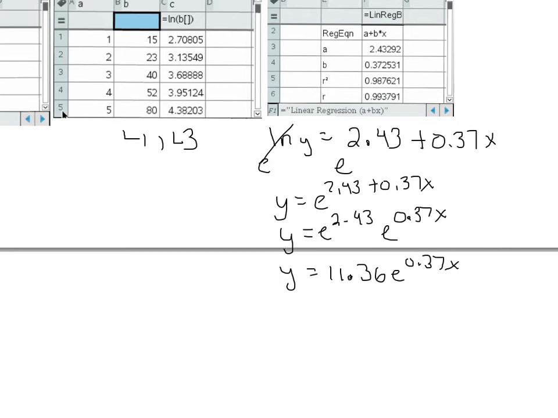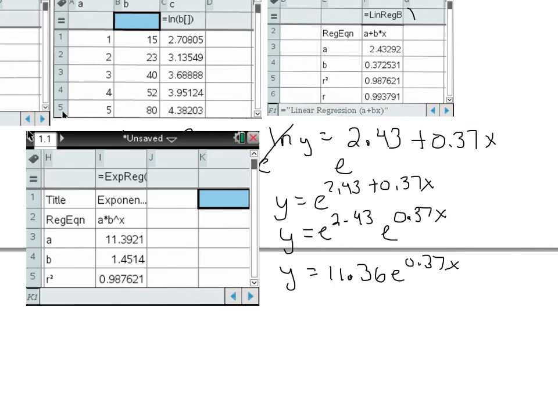Now I'm going to show you one more thing you could do, though, to check. So hang on 1 minute. Let's see if we look at this. It's saying A is equal to 11.39, B is equal to 1.45. Regression. Now, we're going to do something else with this, so watch. If I go y equals 11.39, 1.45 to the x.